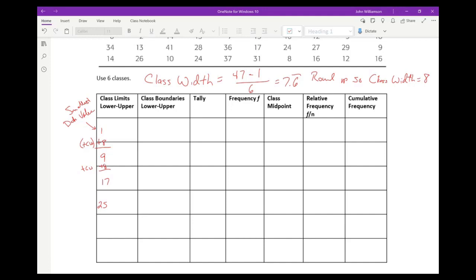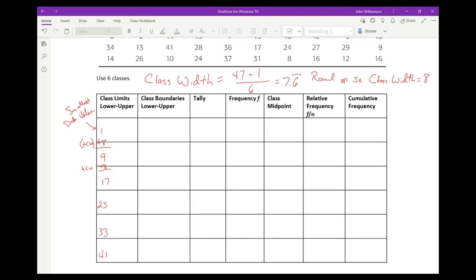Add another 8, which is our class width, and we get to 33. And add another 8 and get to 41. So each time, I'm just adding that class width of 8 to get the next lower class limit.